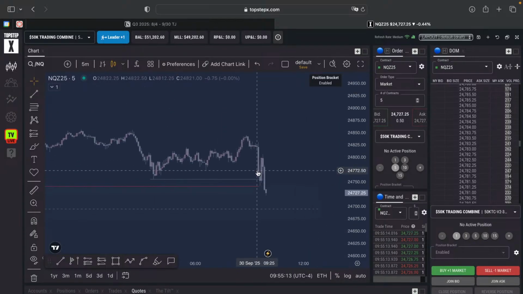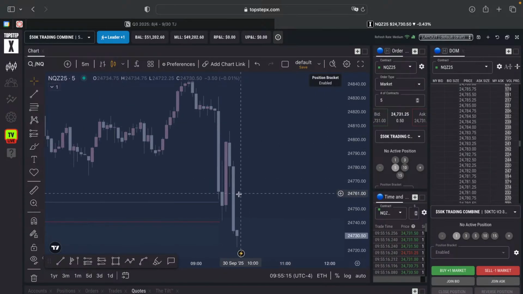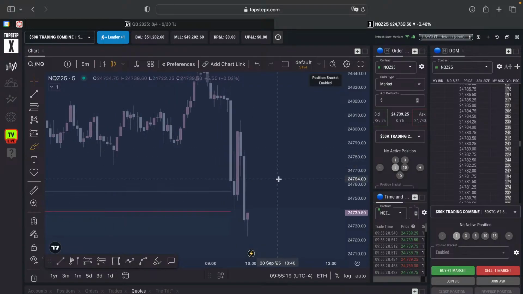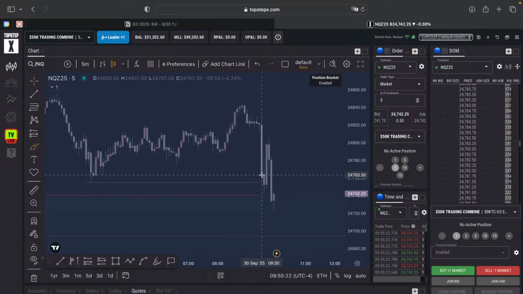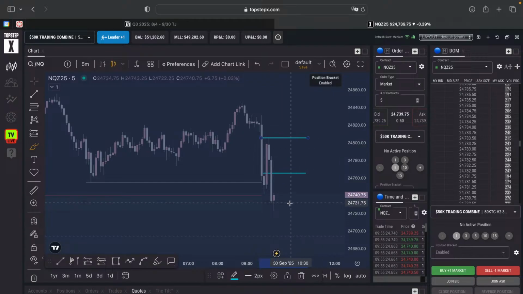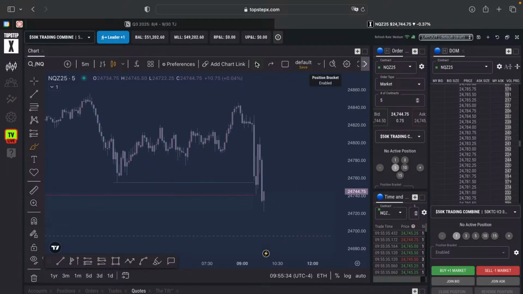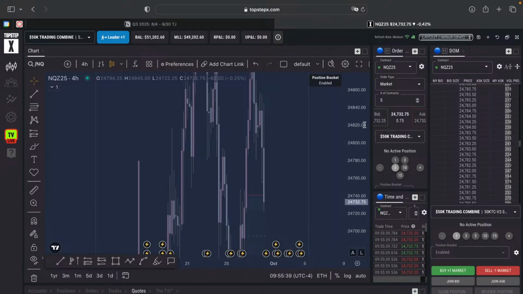Looking at this play, right? So now, as a seller, the only thing that's actually happened is this now becomes an area. If it comes back to it, you look for a continuation because you're anticipating this zone that we're inside of to fail. But because I'm aware that we can still go higher, I'm not gonna just look for sells off the rip.